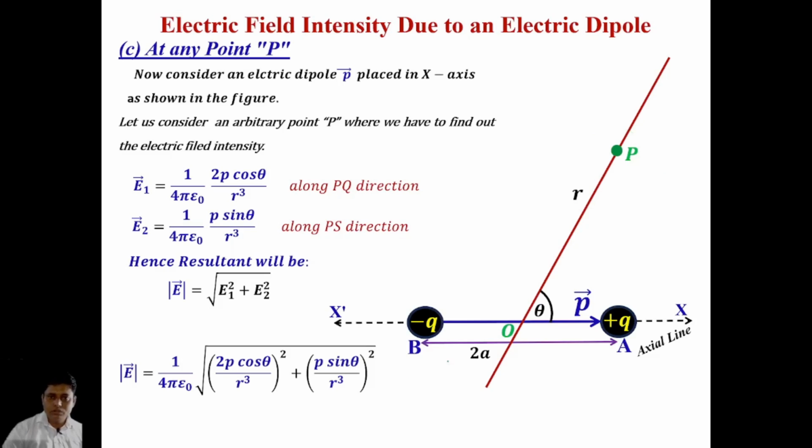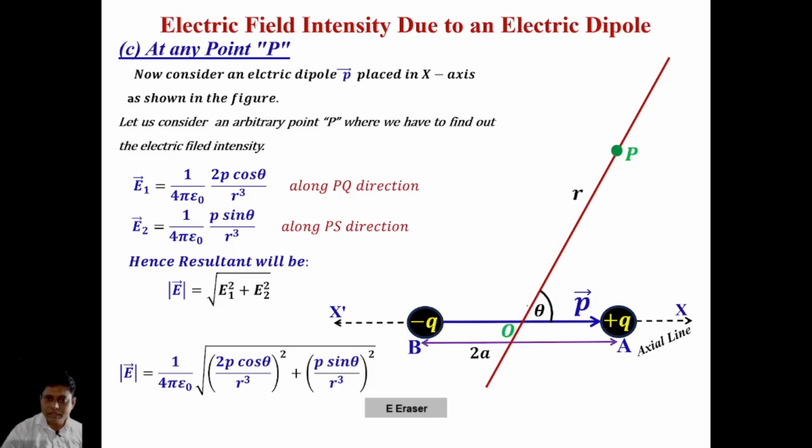Here you can see this is the positive charge, and the electric dipole moment, the P vector, is along the positive x-axis direction. The line joining the center of the electric dipole, O, to P makes an angle theta with this x-axis, or with the P vector.